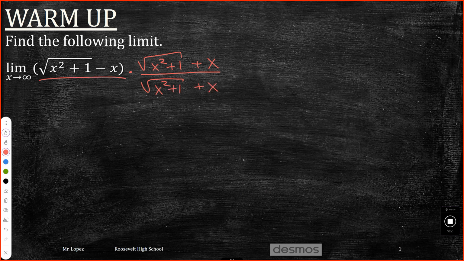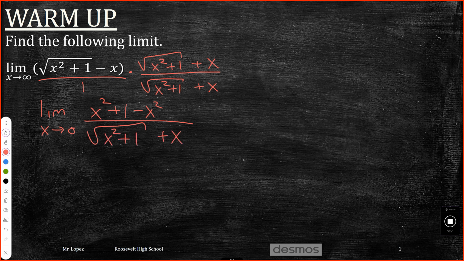The top, we know the middle is going to cancel out when you multiply it out, so it's going to be the limit as x approaches infinity of x squared plus 1, and then negative x times positive x is negative x squared, and then we have our square root of x squared plus 1 plus x on the bottom, as x approaches infinity. Okay, so on the top, x squared minus x squared cancels out.